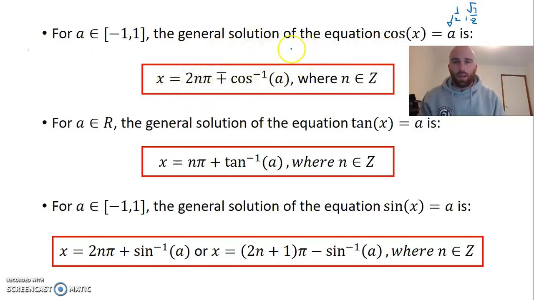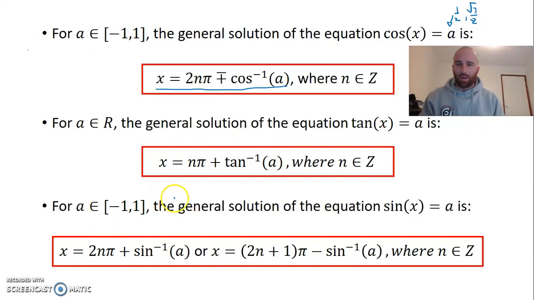The first one is cos, so we get x is equal to 2n pi plus or minus inverse cos of a. That's our first solution. We've got a few examples moving ahead so they'll make a bit more sense. The next one is tan. To find any x-intercepts of tan, it's n pi plus inverse tan of a.